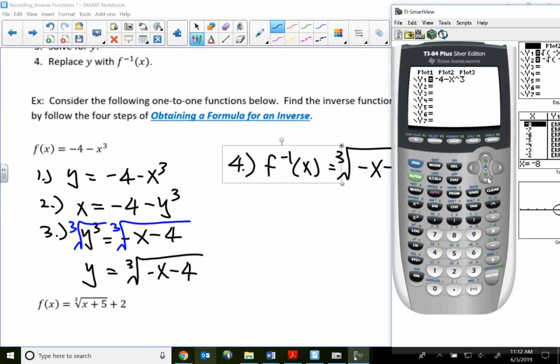Now, in the other color, I'm going to draw its inverse, which is cube root of negative x minus 4. So cube and cube root functions are inverse to each other. These cube root and cubic functions are inverse to each other.